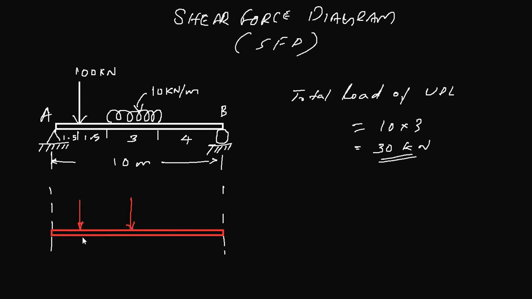So the distances will be 1.5. This is 1.5 plus another 1.5 here, so this is 3, and you have a 1.5 and a 4 here, so this is 5.5, and this load is 30 kilonewton, and this remains the same at 100 kilonewton.